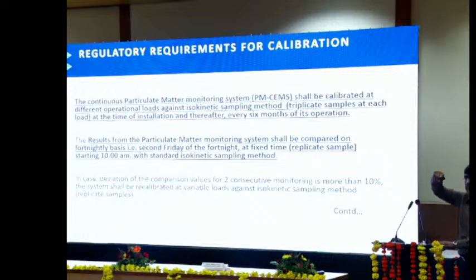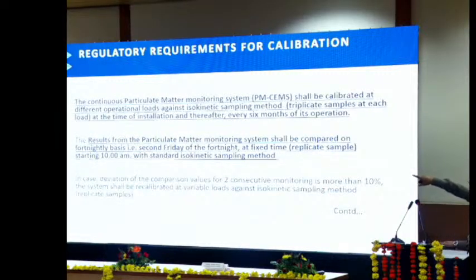It means whatever the working condition is, you need to collect 3 samples, at least at 3 various loads, and at each of the 3 loads you need to collect the sample 3 times. So basically 3 into 3 becomes 9 points, which are required to make a graph and then put that particular value in the CEMS.